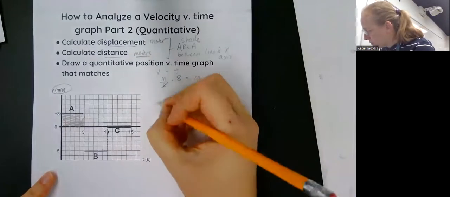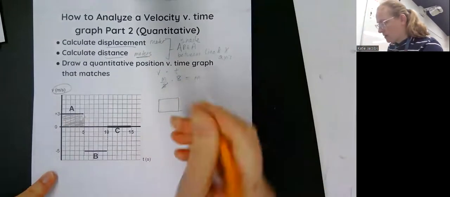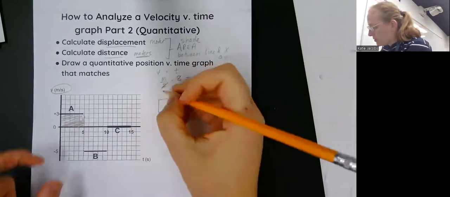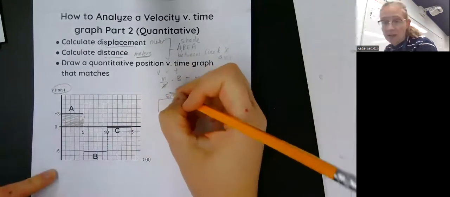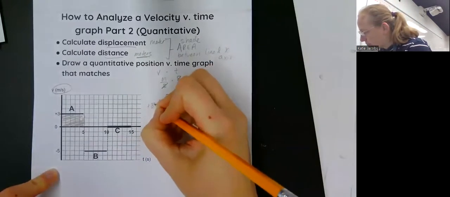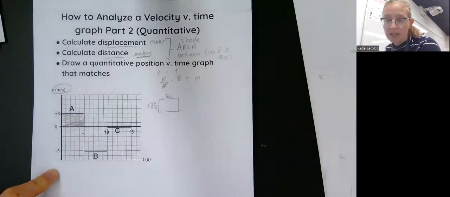For the length times width of this rectangle, the width is 5 seconds of time and the height is +3 meters per second. That's a velocity.